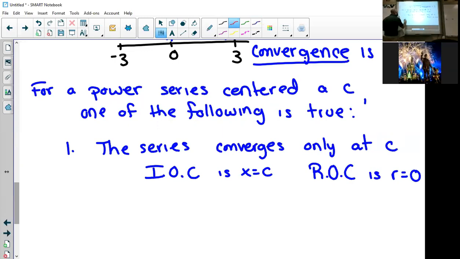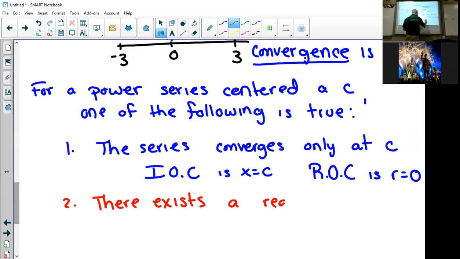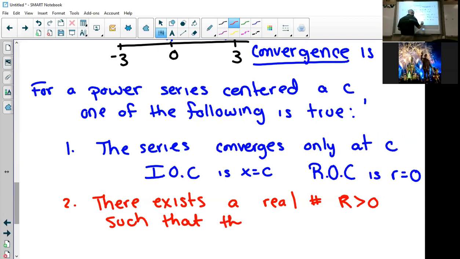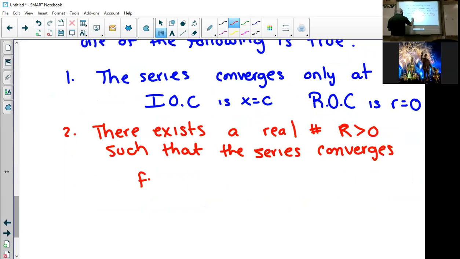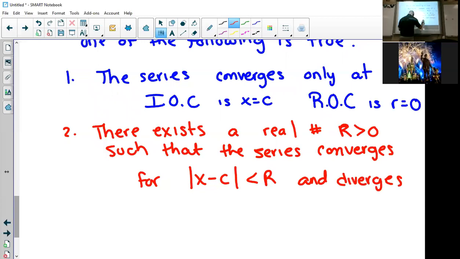That's one scenario. Our second scenario is that there exists a real number R greater than 0 such that the series converges where the absolute value of x minus C is less than R, and diverges where the absolute value of x minus c is greater than r.